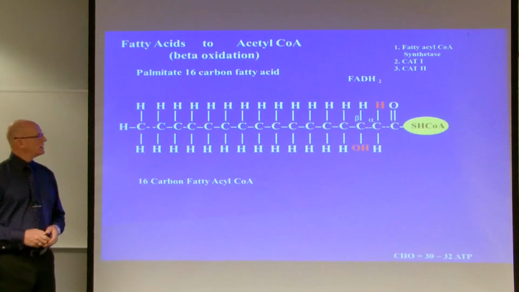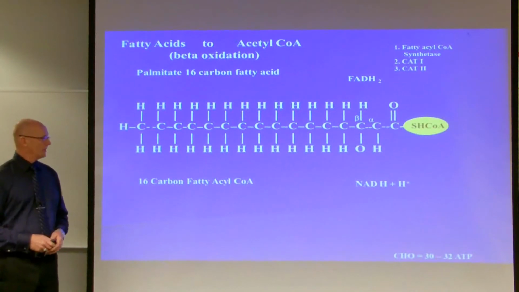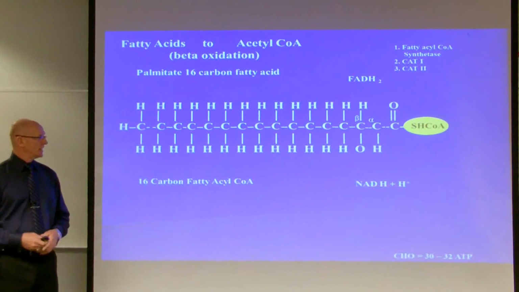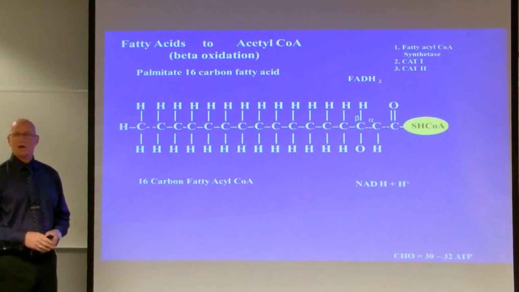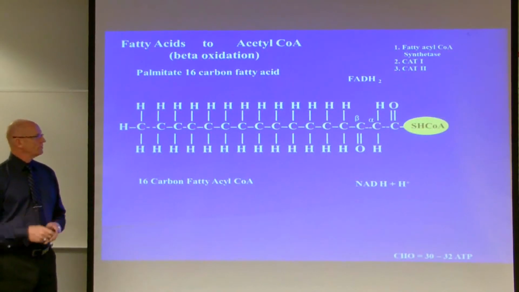creating the single bond again. Now we're going to do another oxidation process with nicotinamide adenine dinucleotide in its oxidized form, and it will oxidize this fatty acyl-CoA here by taking a hydrogen off of each side of that alpha and beta carbon, thereby reducing the NAD positive to NADH plus H. Now the electrons will kind of reconfigure themselves because of the cation, and we'll end up with a double bonded oxygen.